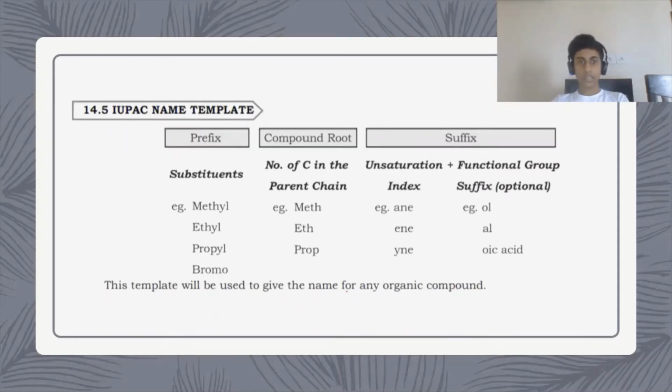Now, let's look at the IUPAC format of giving names to compounds. Whenever we name a compound in organic chemistry, we use this template here. We have the prefix, which tells us about the substituents or the shape of the compound, and then we have the compound root or word root and the suffix.